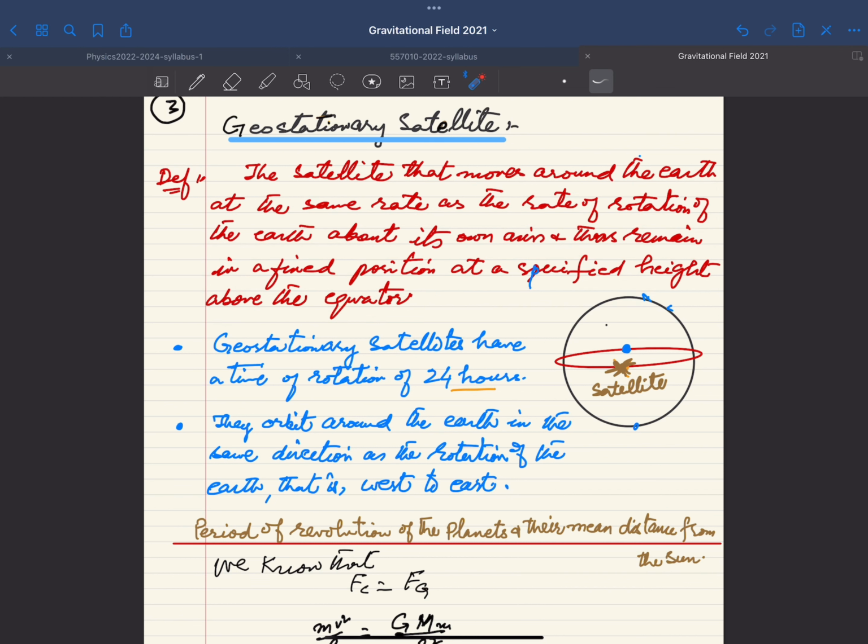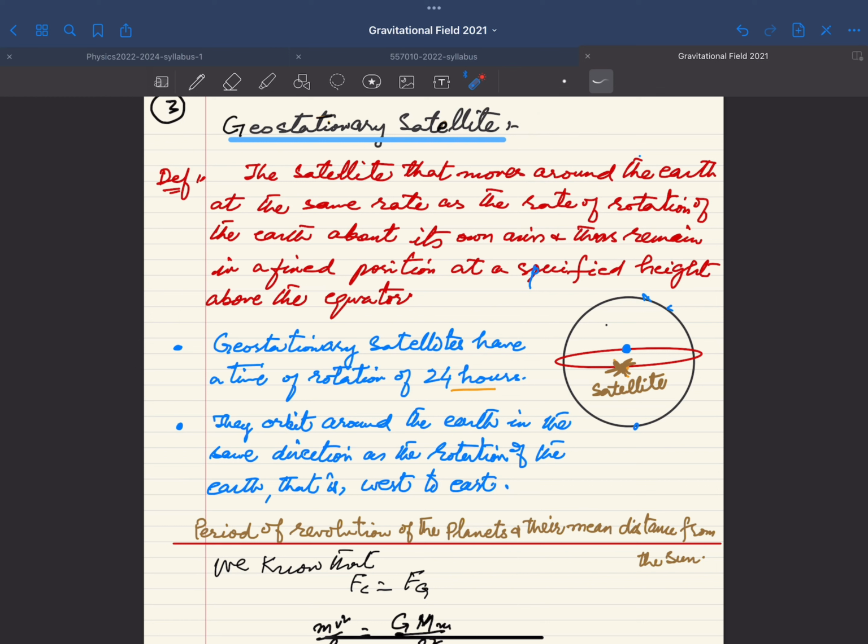That is, if on the equator you are observing a body which is stationary with respect to you, then this is nothing but the geostationary satellite.